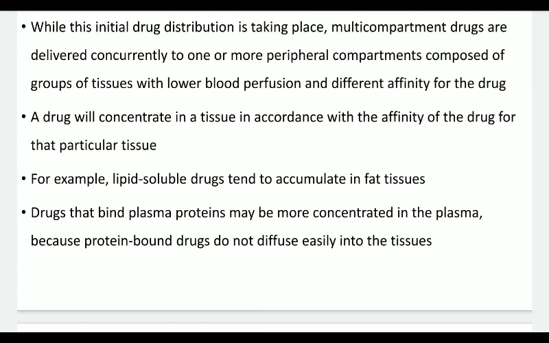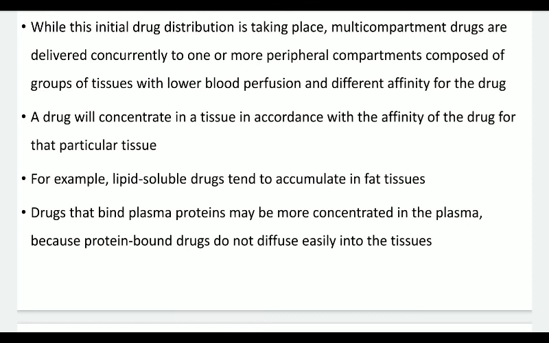So simultaneous administration of drug is also possible. For example, one type of drug delivery would be the intravenous injection, and simultaneously another injection is given in the form of subcutaneous injection in the peripheral tissue compartment where the blood circulation is poor.